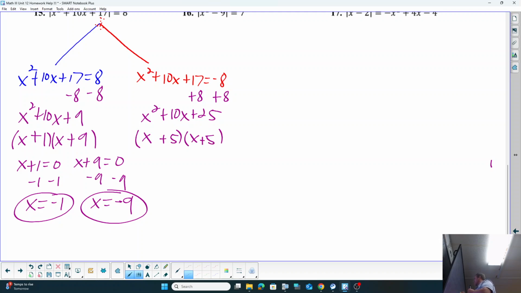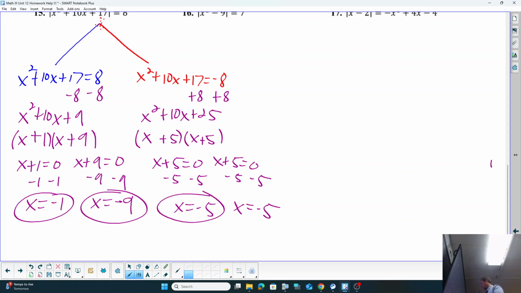So we have 2 of them. And we just set them both equal to 0. We will get the same answer there. And so we will get x equals negative 5. But you only have to click the button once. Once is good enough. That's fine.